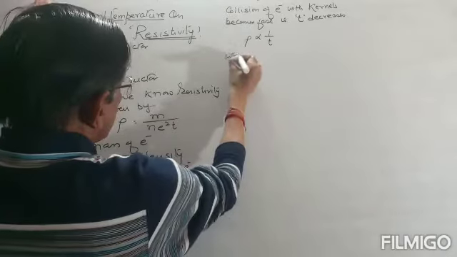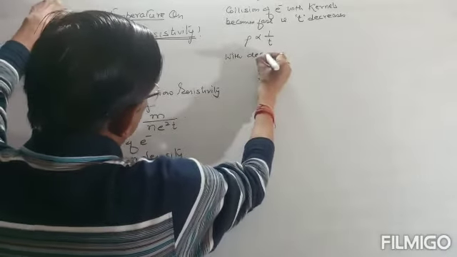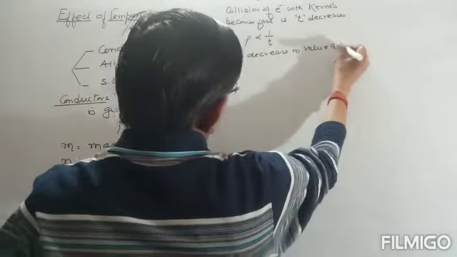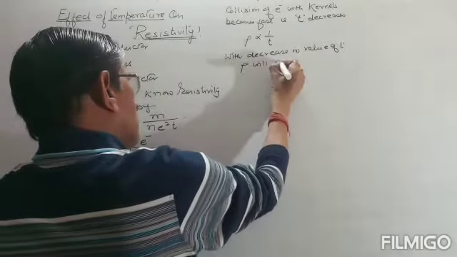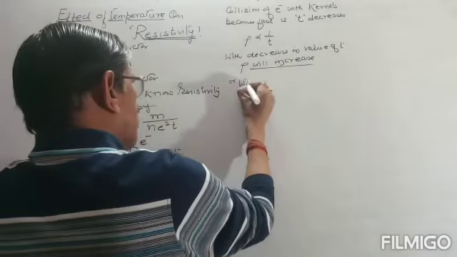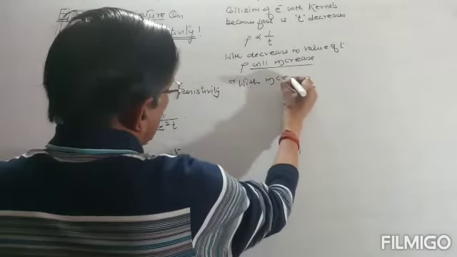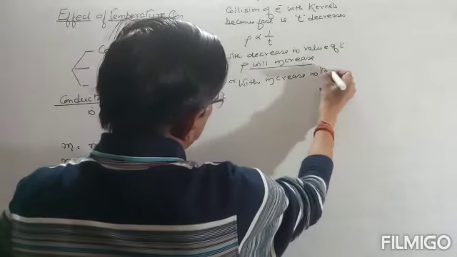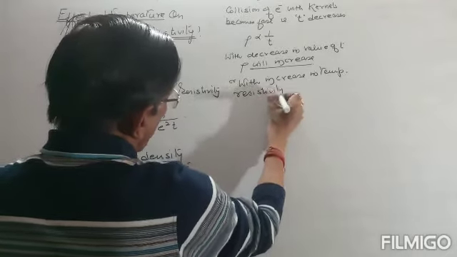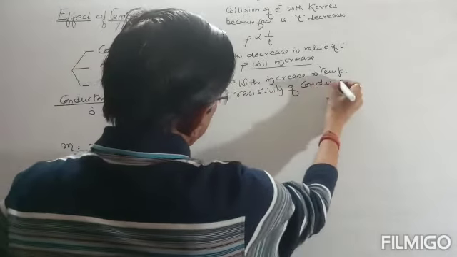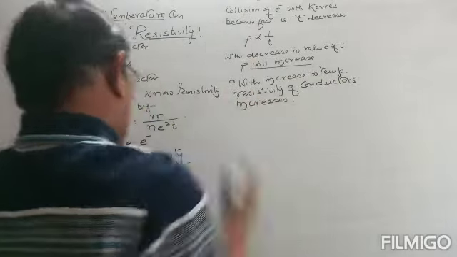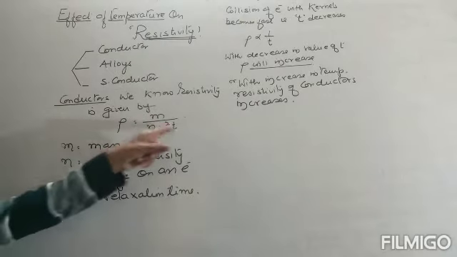So with decrease in value of tau, rho will increase, or we can say with increase in temperature, resistivity of conductors increases. Once again you can see rho is equal to m upon n e square tau.